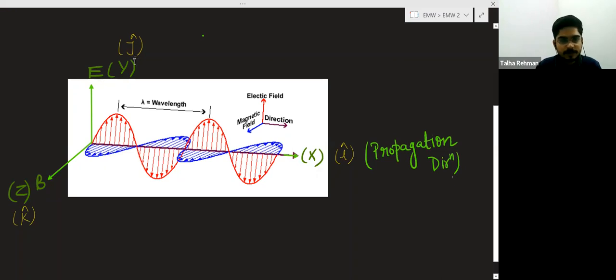Now you can see here, we are considering the electric field oscillating along the y direction, the magnetic field oscillating along the z direction, and the wave traveling along i cap, meaning the x direction. What is the meaning of oscillation?